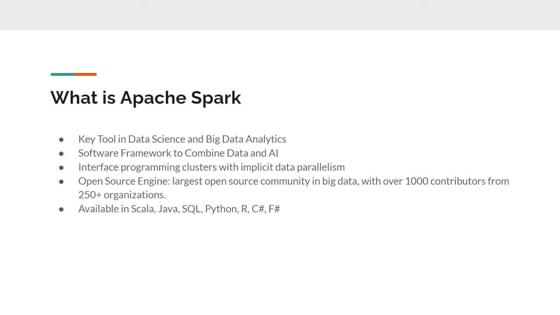It also helps with programming machine learning algorithms over multiple clusters as well as other algorithms. It's open source, which is always fantastic. It's probably one of the largest communities in big data today, and it's available in multiple different coding languages.